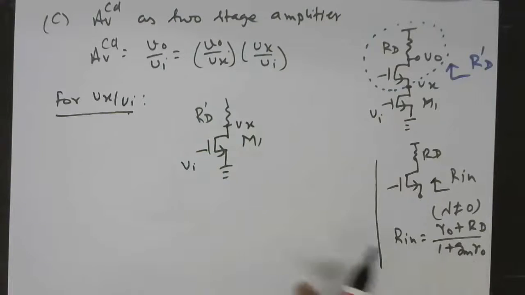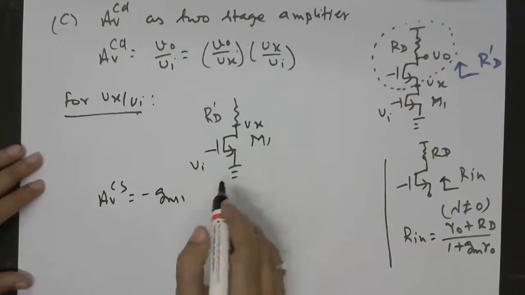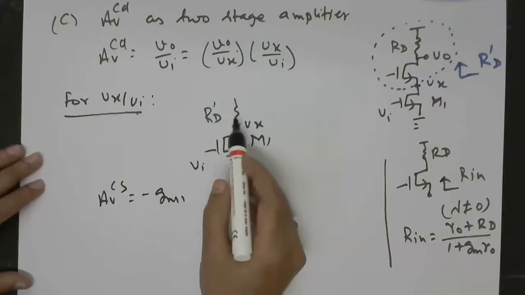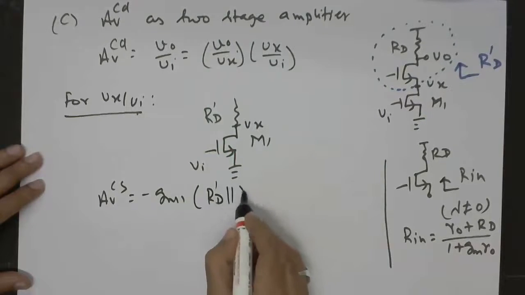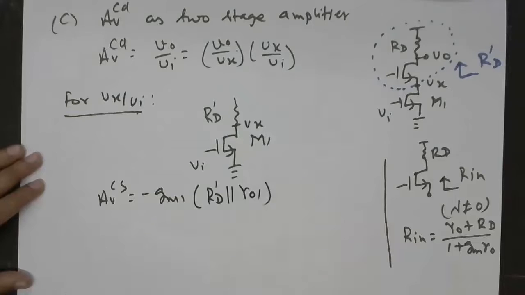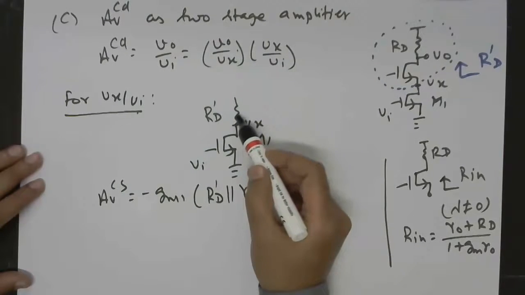So now we have the same scenario here. What will be the voltage gain? We know that here the voltage gain AVCS is simply Gm1 into RD parallel with RD dash parallel with R01, because R01 will now appear in parallel in this case.